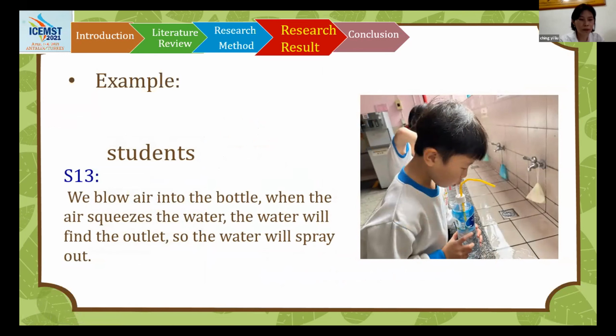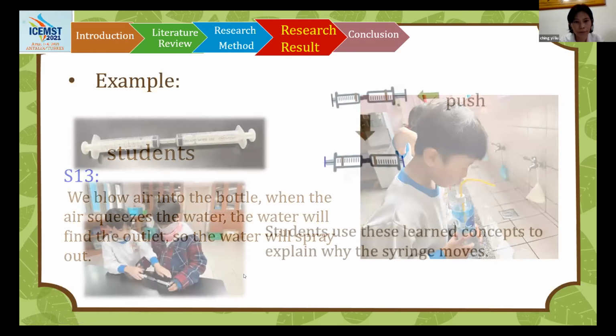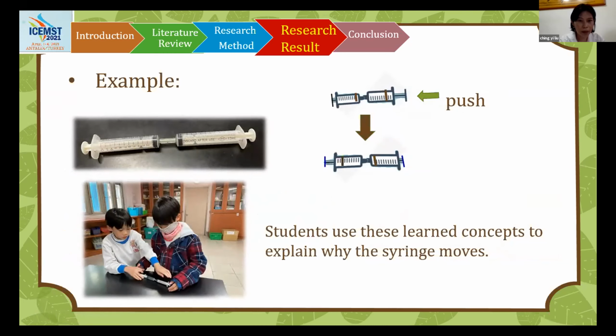Student 13: We blow air into the bottle. When the air squeezes, the water will find the outlet, so the water will spread out. And another example. The teacher prepares 2 syringes, and the 2 syringes are connected. A student pushes one side and can see the other syringe moving.